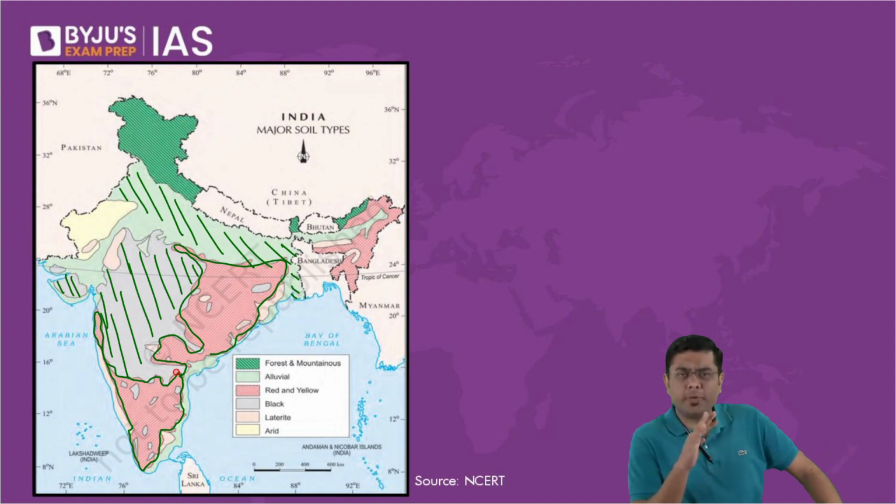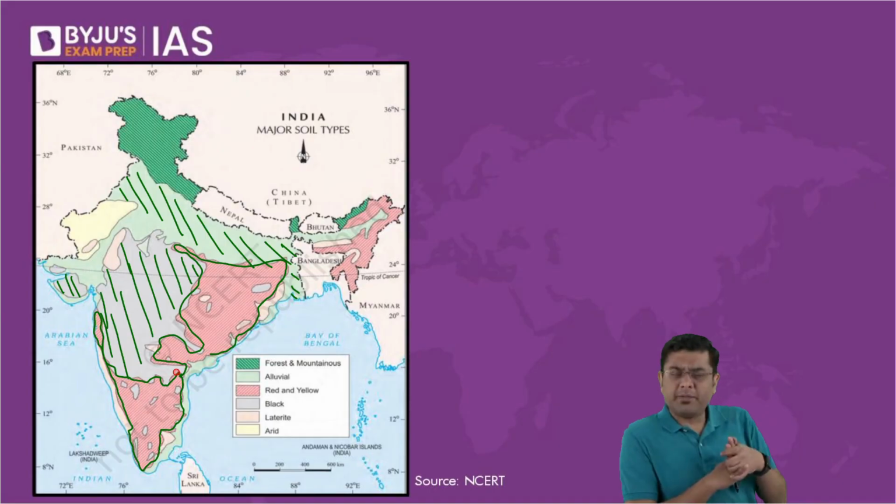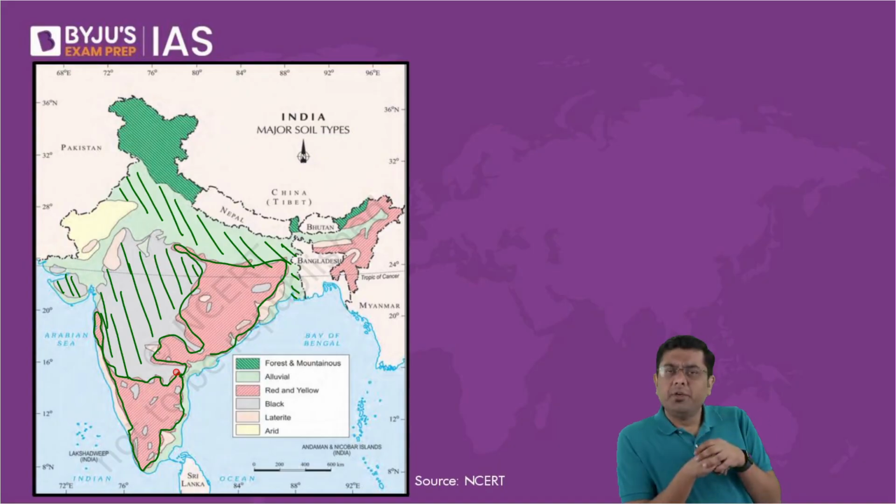That is a different matter altogether, not to be found in other parts of the country. But then, when you come to the Peninsular Plateau, other than the region of the Deccan Traps and the Malwa Plateau, everywhere you will find red and yellow soil interspersed with areas of laterite soil. That is a different matter. But everywhere else, you'll find red and yellow soil.